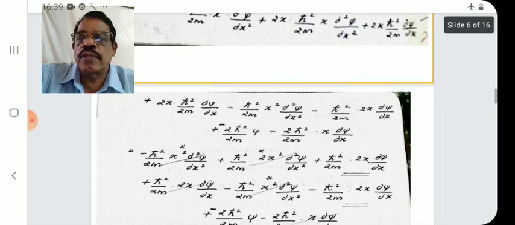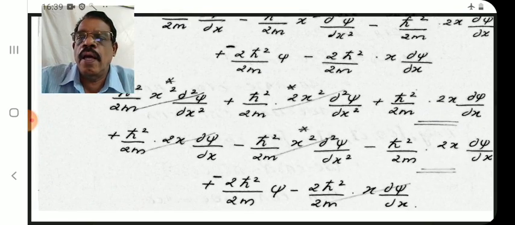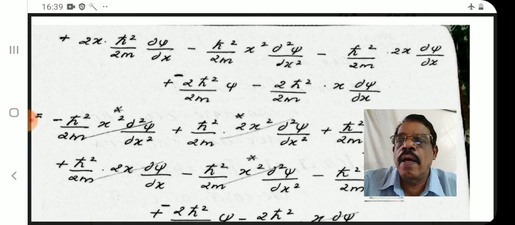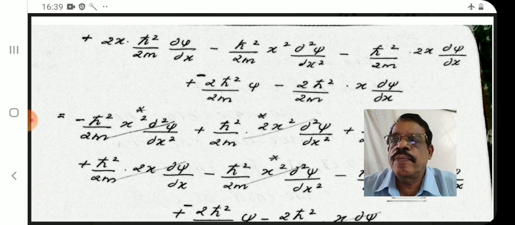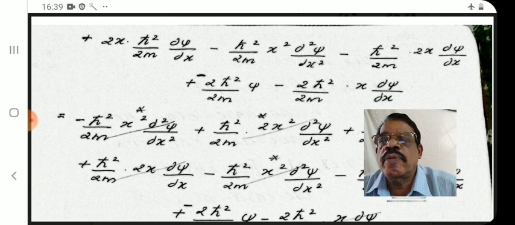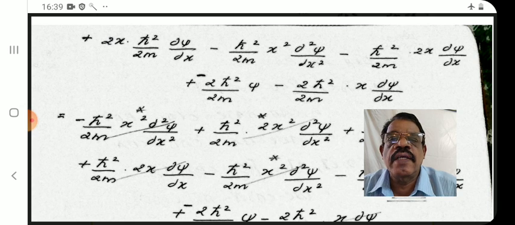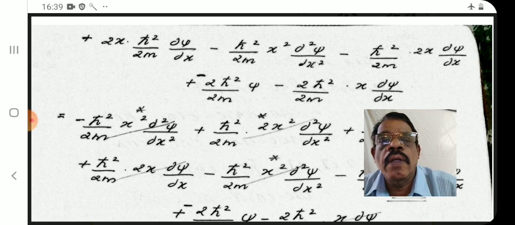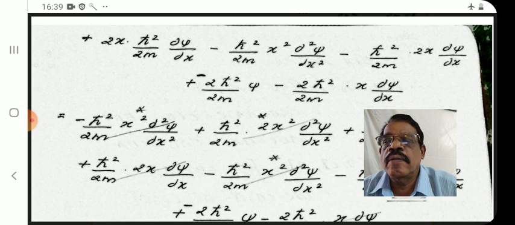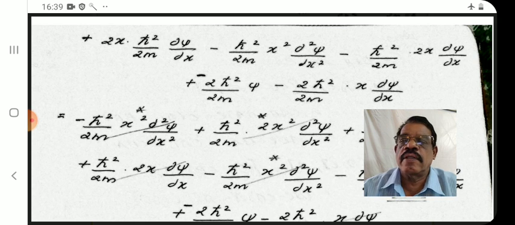Step continues. Plus 2x ħ²/2m ∂ψ/∂x minus ħ²/2m x² ∂²ψ/∂x² minus ħ²/2m 2x ∂ψ/∂x minus 2ħ²/2m ψ minus 2ħ²/2m x ∂ψ/∂x.